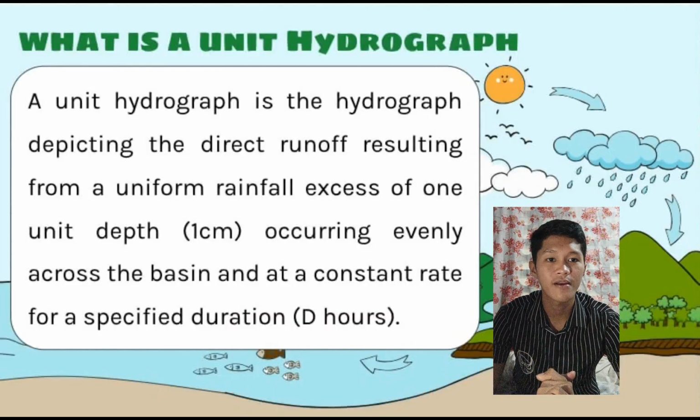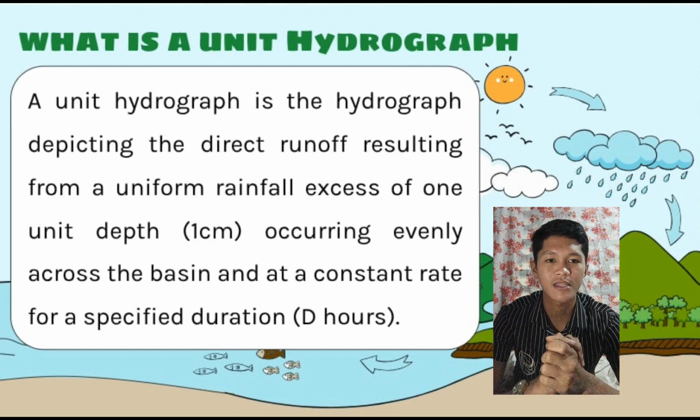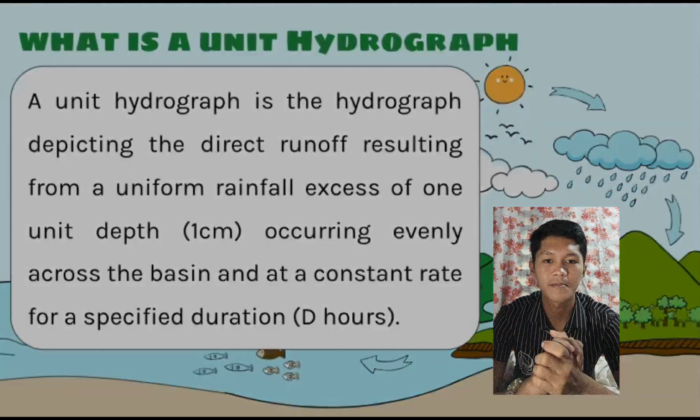A unit hydrograph is the hydrograph depicting the direct runoff resulting from a uniform rainfall excess of 1 unit depth, or 1 inch, occurring evenly across the basin and at a constant rate for a specified duration in hours.